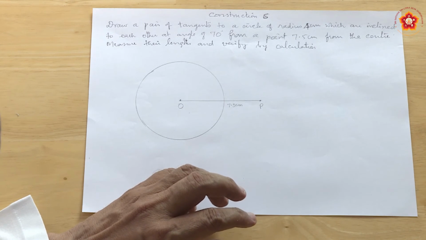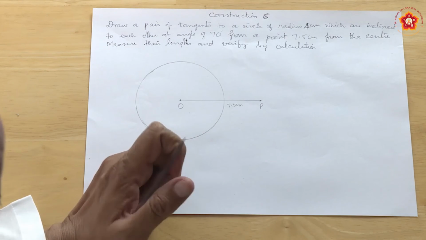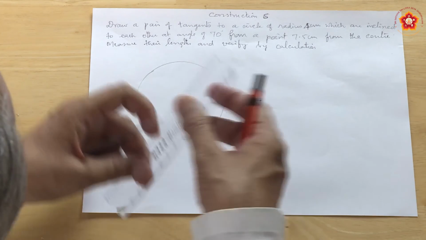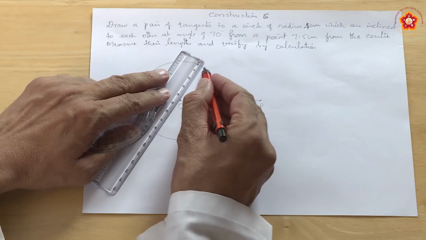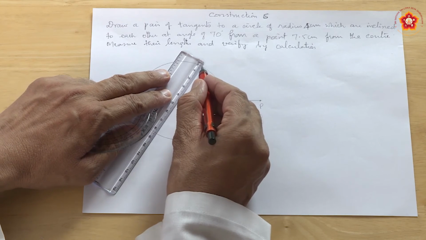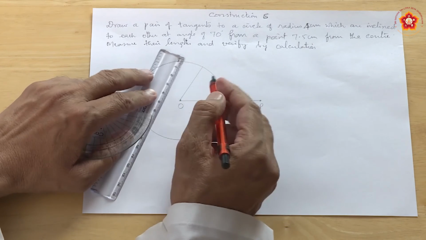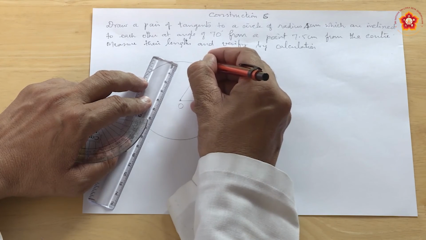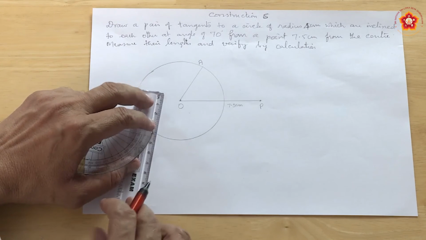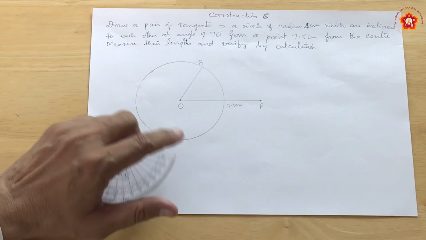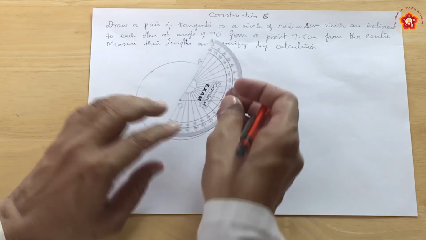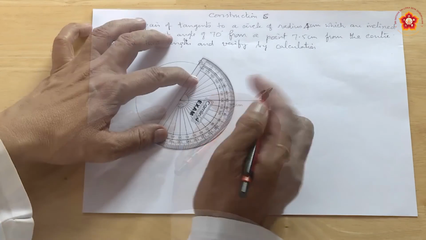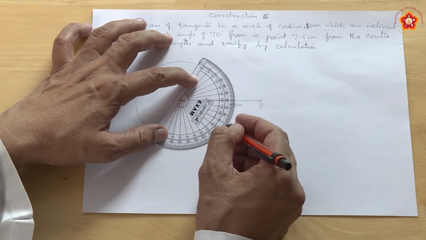So, use a protractor. First you draw any one radius, anywhere you can draw. For convenience, draw it on the right side. Call it A. On AO keep the protractor. Now, you have to measure 110 degrees.